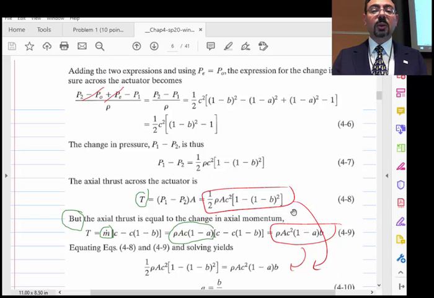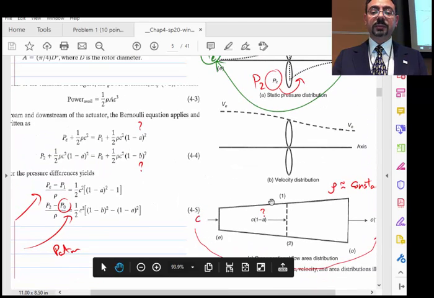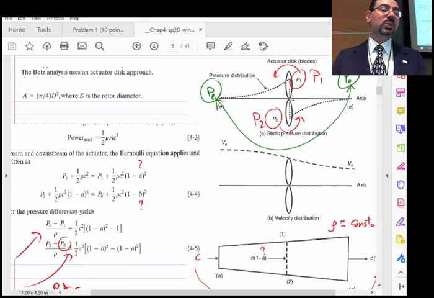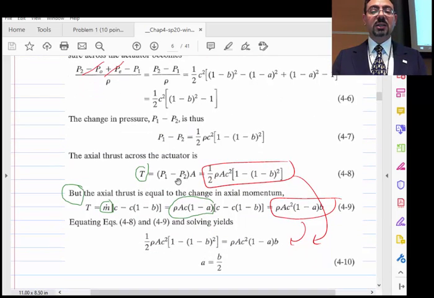Now the momentum equation on the plate. The momentum equation on the plate will tell you that the pressure difference here is related to the force. Okay, and so he's saying that the thrust is the pressure difference between before and after.